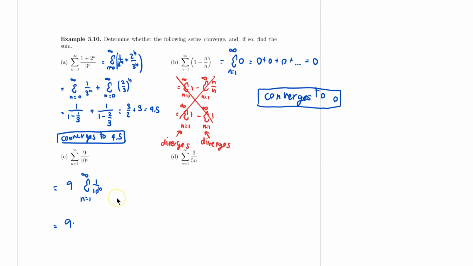So this is going to equal the first term, which is 1 over 10, divided by 1 minus the ratio, which is also 1 over 10. So I'm going to get 9 times 1/10 over 9/10. Eventually the whole thing is going to get canceled out, so this is going to equal 1. So this guy converges to 1.